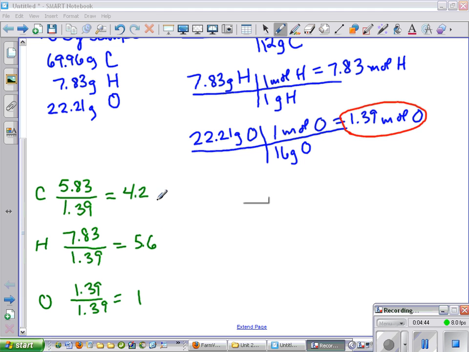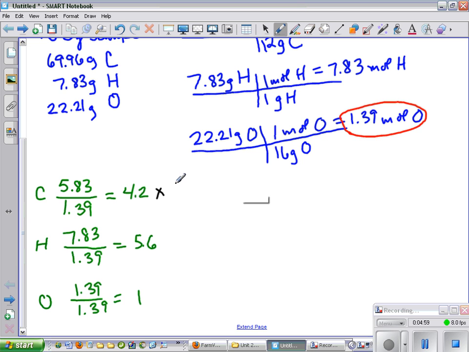You'll notice that these 2 numbers are not whole numbers, so we need to find the lowest number that we can multiply these by to get whole numbers for each of them. And in this case, let's try 5. 4.2 times 5 is 21. 5.6 times 5 is 28.